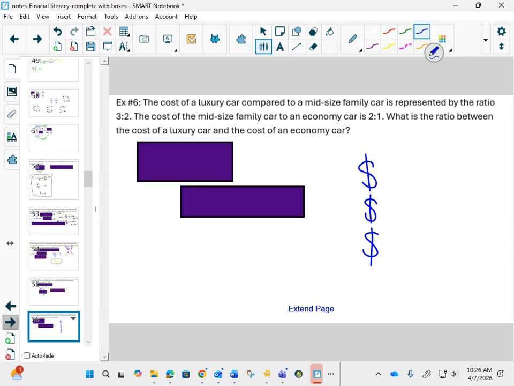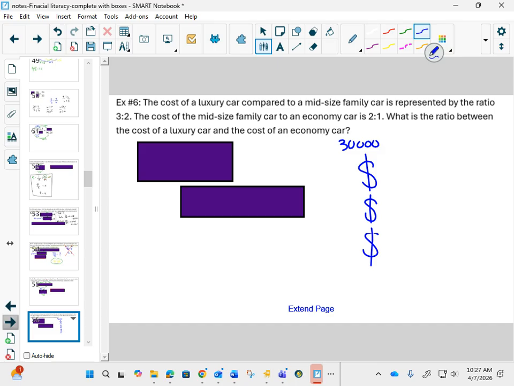Maybe we're thinking that each of these dollar signs is $10,000. So maybe this is a used luxury car for $30,000.